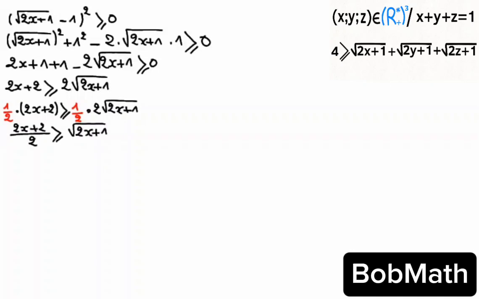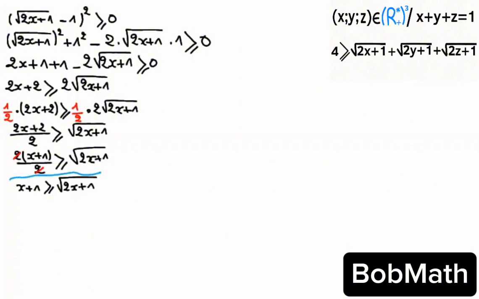Now we take the common factor 2. So 2 times (x plus 1) divided by 2 is greater than or equal to square root of 2x plus 1. So we simplify the number 2. So we get x plus 1 is greater than or equal to square root of 2x plus 1. We call this inequality 1.